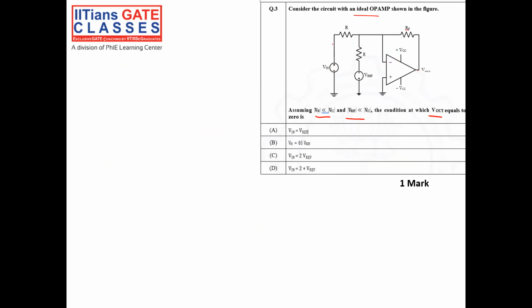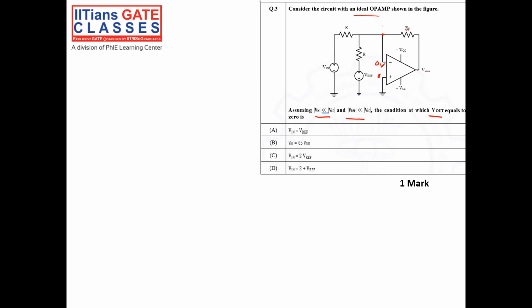So it is a negative feedback, so virtual ground is working here. V positive is equal to 0 volt, and the same voltage will come here, 0 volt. Since the op-amp is in negative feedback, due to the virtual ground principle, V positive is equal to V negative, which is 0 volt.